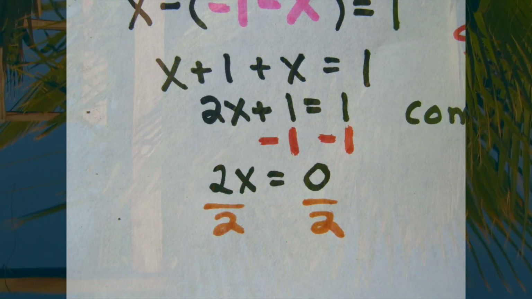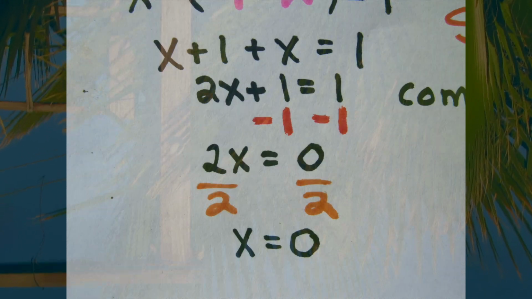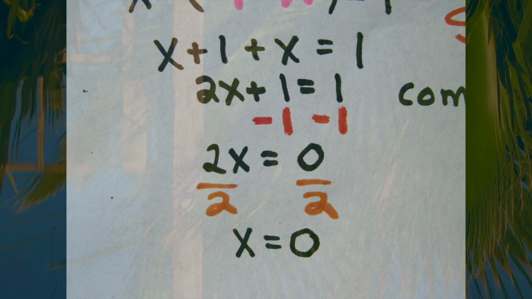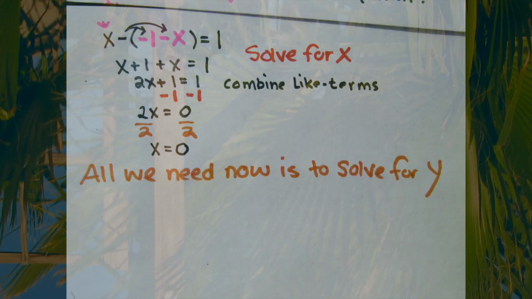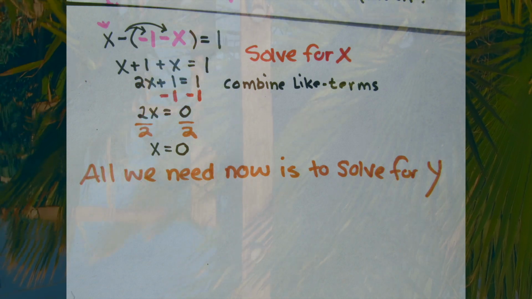So I'll have to divide both sides of the equation by 2 to completely isolate x and discover that x equals 0. All we need now is to solve for y, and we'll have both parts of the coordinate.